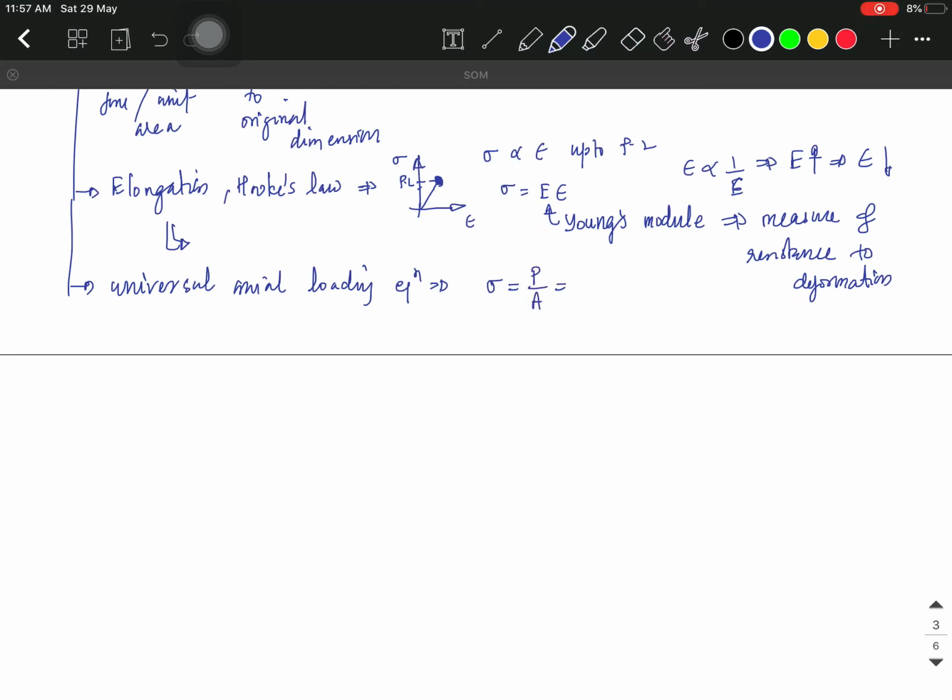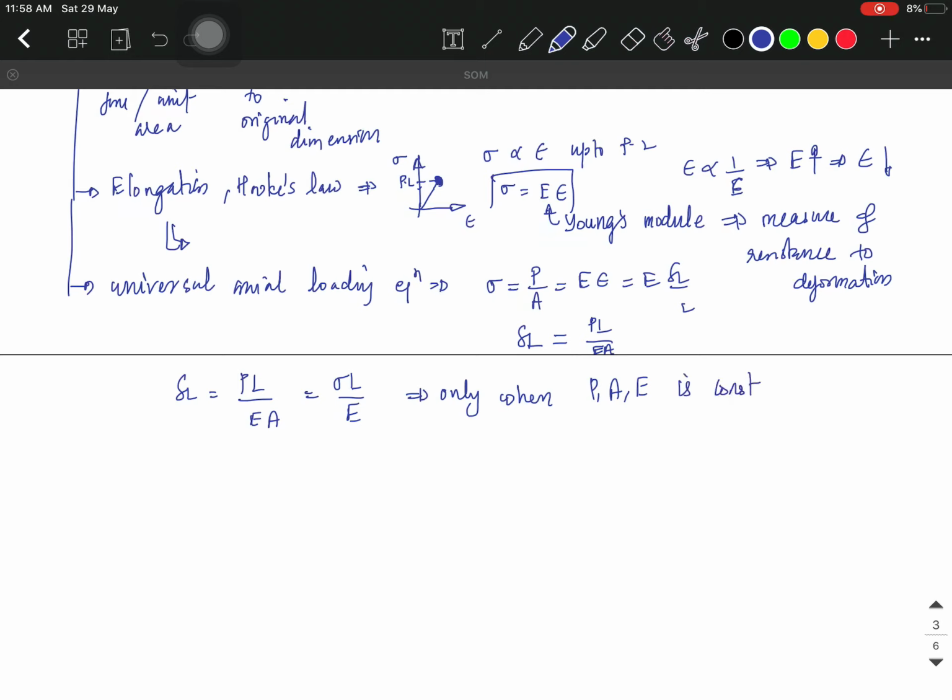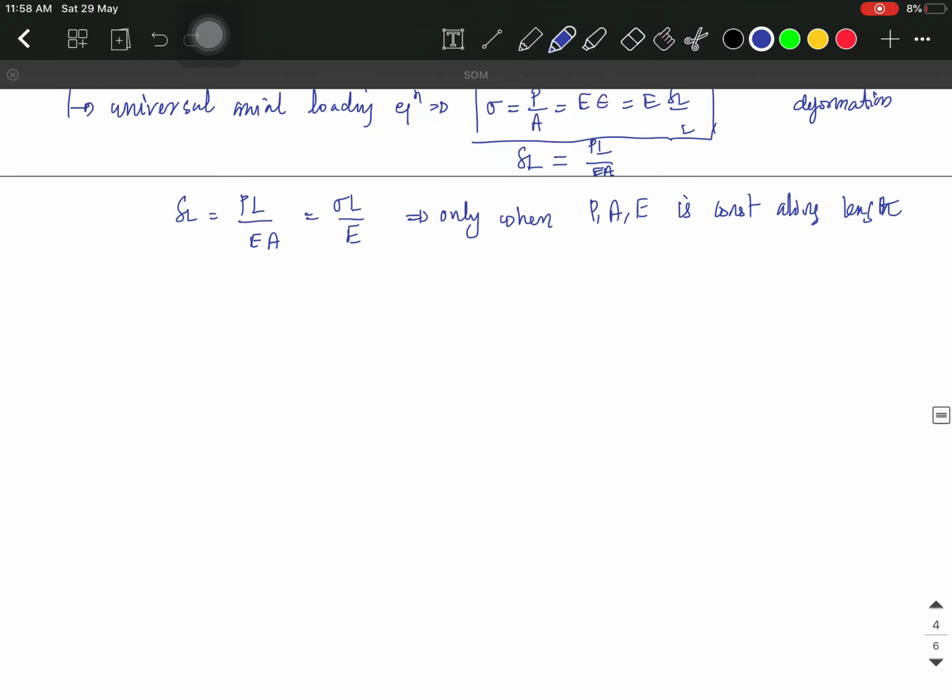From the equation sigma equal to P by A, and also from sigma equal to E into epsilon, which is E into delta L by L, we can write delta L equal to PL by EA, which is nothing but sigma L by E. This can be used for determination of elongation of the length only when P, A, E are constant along the length of the member under consideration, and this equation is the universal equation of axial loading.